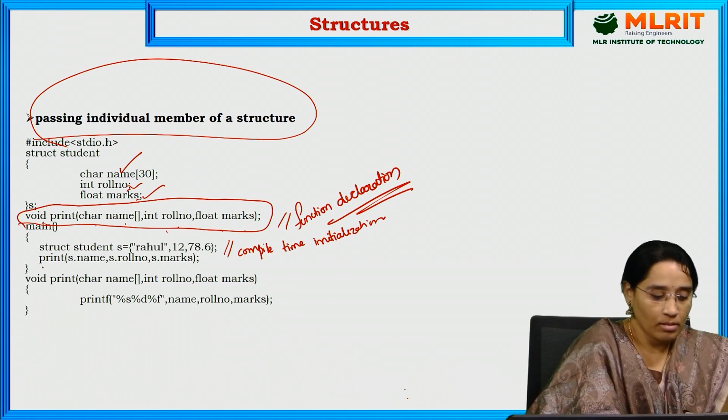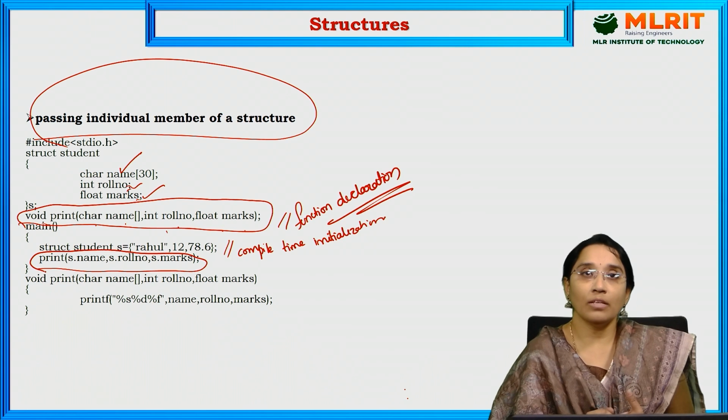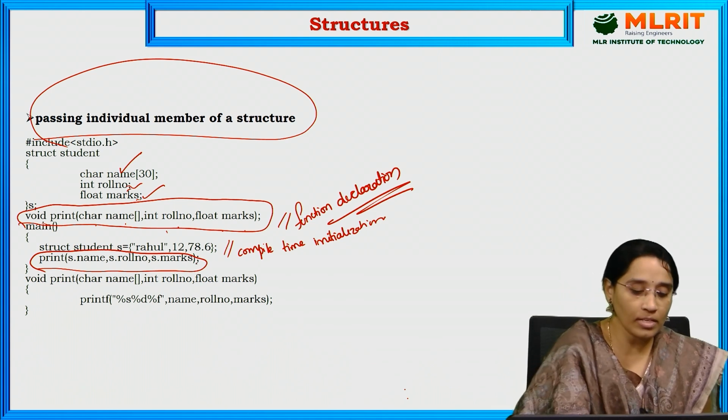Next, obviously you are passing structure members to a function. If you use the concept of functions, you will not miss the function declaration, function call and function definition. So this is your function call.